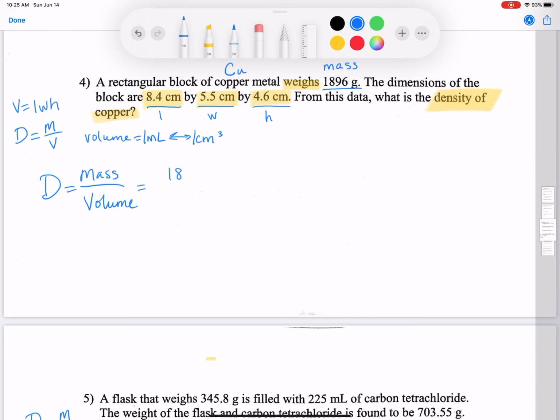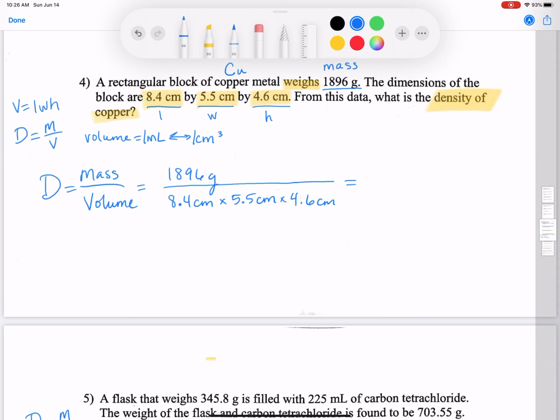I have 1,896 grams as my mass, and for my volume, I'm going to show each step that needs to be calculated. So I'm going to say 8.4 centimeters by, which means multiply, 5.5 centimeters times 4.6 centimeters.